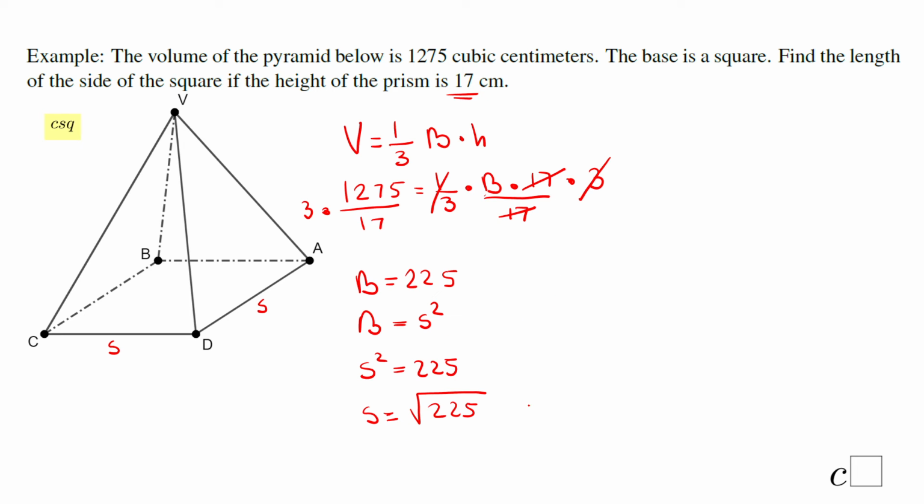We end up with S equals 15. The length of a side of this square is 15 centimeter. The height is 17. The volume of this pyramid will be 1275 cubic centimeter.